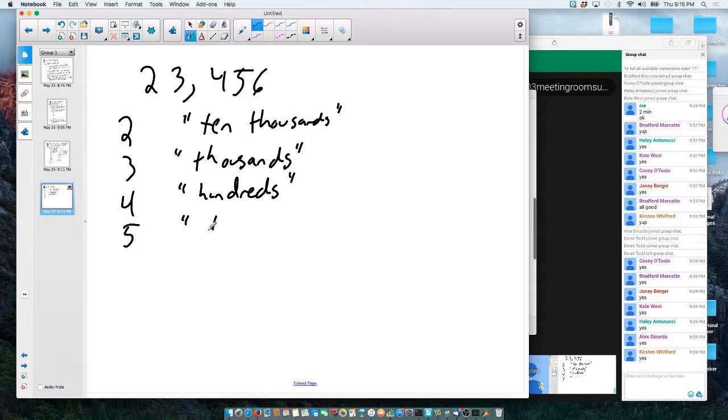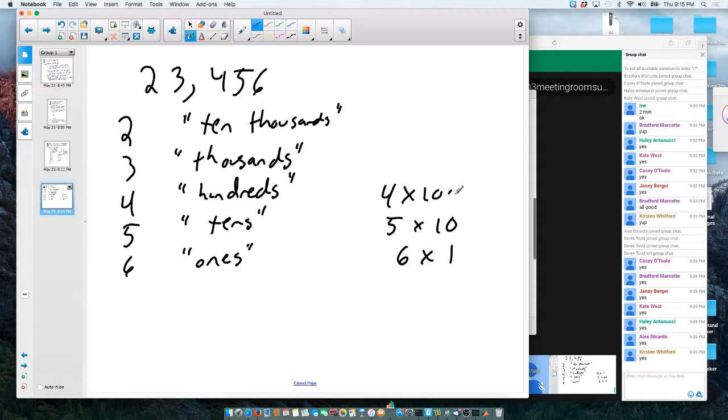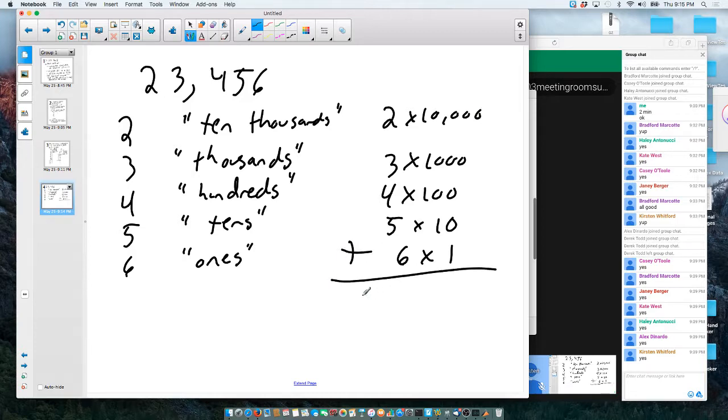I have 5 tens, and I have 6 ones, right? Another way of saying this is I have 6 times 1 in the ones place. I have 5 times 10, which gets me my tens place. I have 4 hundreds. I have 3 thousands. I have 2 10,000s, right? And if you add those all up, you get back 23,456.